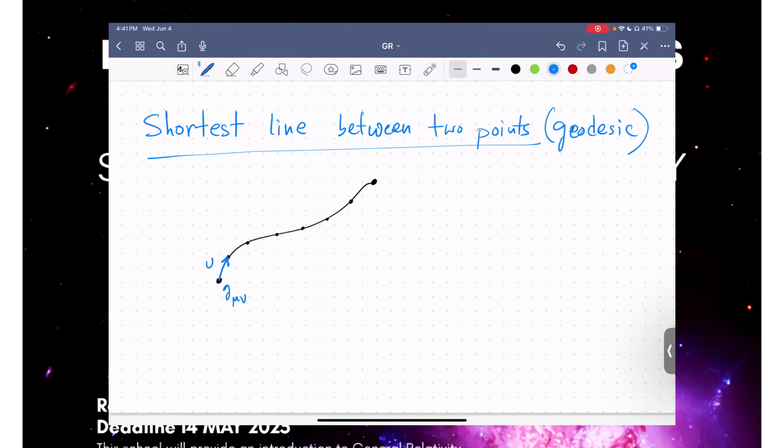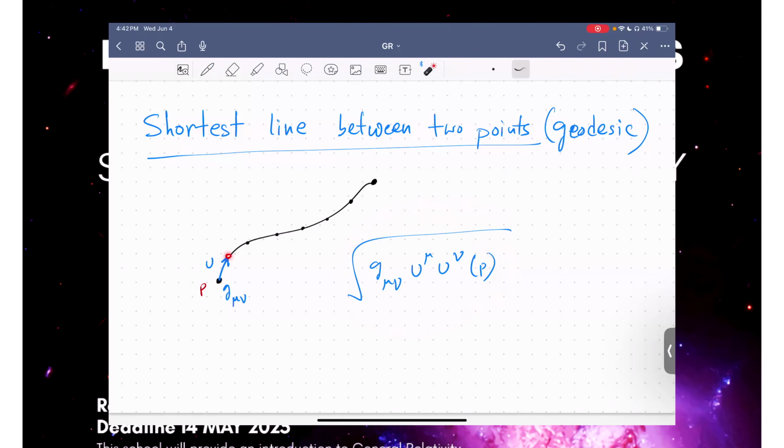So you compute g mu nu, u mu u nu, at this point, which I'll call P. This quantity tells you the length squared of this vector, so you take the square root, and now this is the length of this vector.